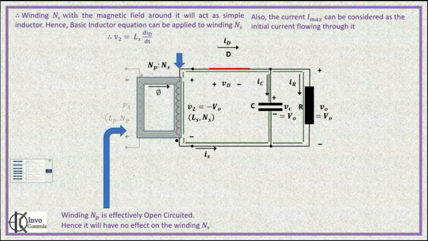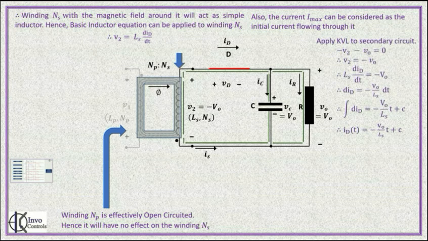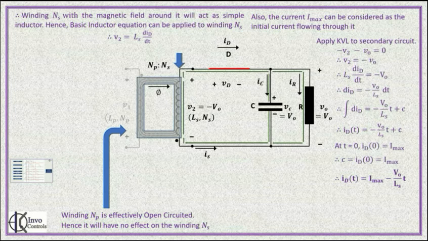Now we apply KVL to the secondary circuit. After performing some basic mathematical analysis, we arrive at the equation Id of t equal to Imax minus V0 by Ls into t. This equation is highlighted on your screen. If we look at this equation, you will observe that V0 and Ls are constants.